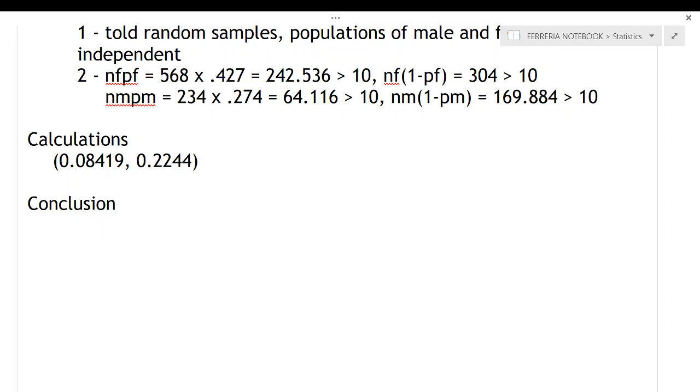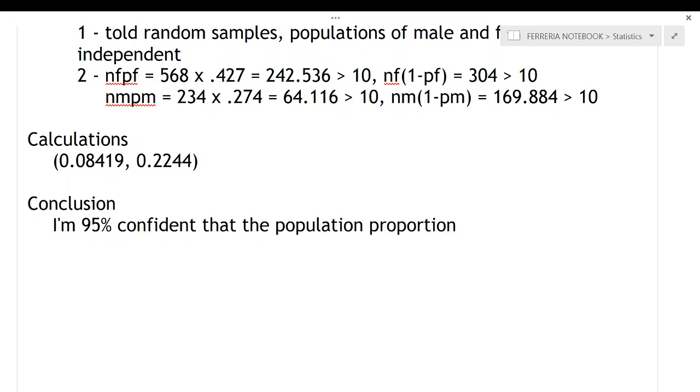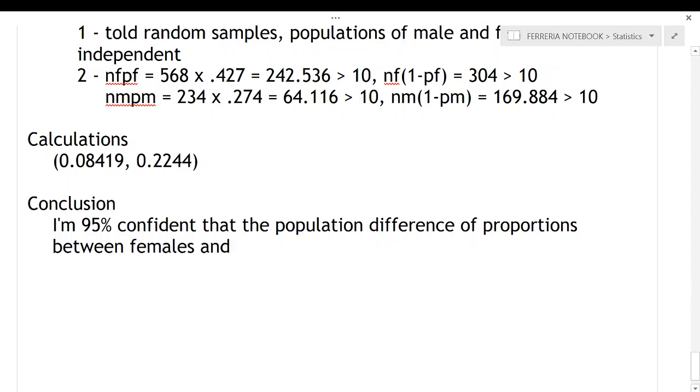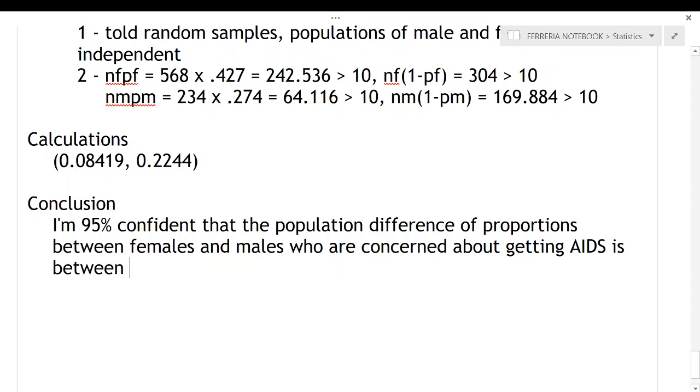I'm 95% confident that the population difference of proportions between females and males who are concerned about getting AIDS is between 0.0841 and 0.2244.